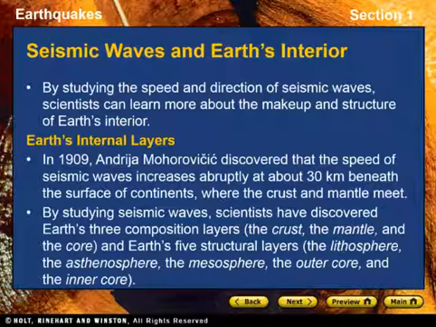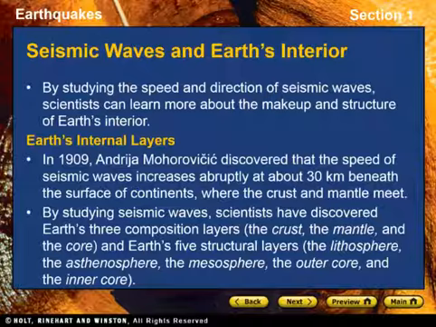So I'll finish up with this. In 1909, a scientist named Mohorovičić, I know it's a tricky one. From here on out, we're just going to say Moho, because that's actually a nickname that this scientist has been given since their death.